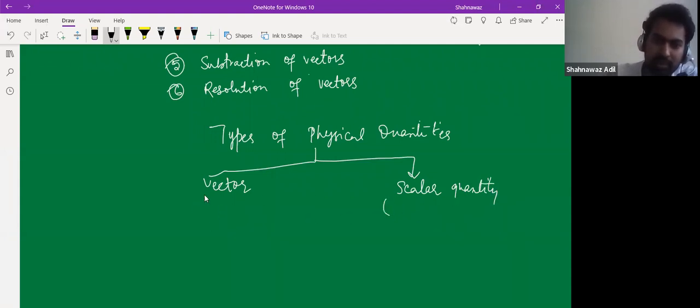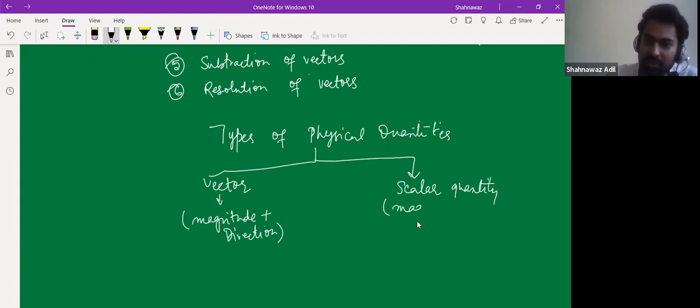A vector quantity has magnitude plus direction, and a scalar quantity has only magnitude.